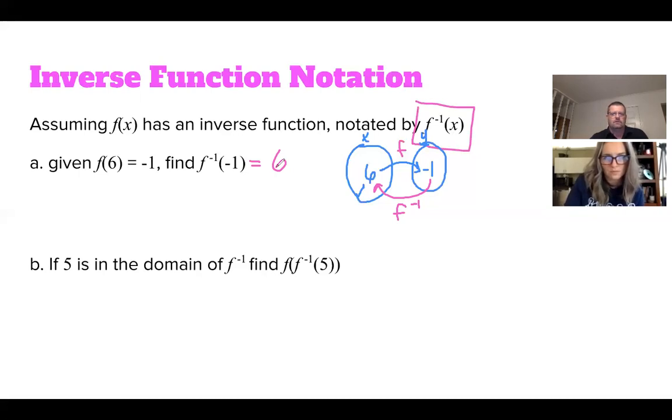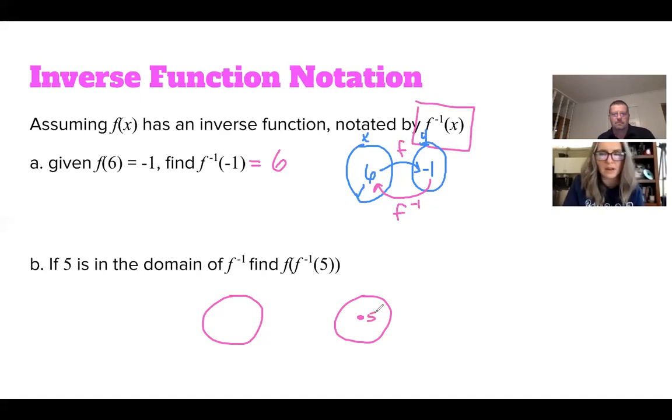So what if, Miss Young, I don't understand B. Me neither. I'm confused. Yeah, 5 is the domain. So something, wait a second. The domain of f inverse. All right, let's think about this. We're going to have this is f, and I have 5 here, right? Why do you have 5 over there, Mr. Bobby, and not 5? If it's in the domain, why isn't it on the left bubble?